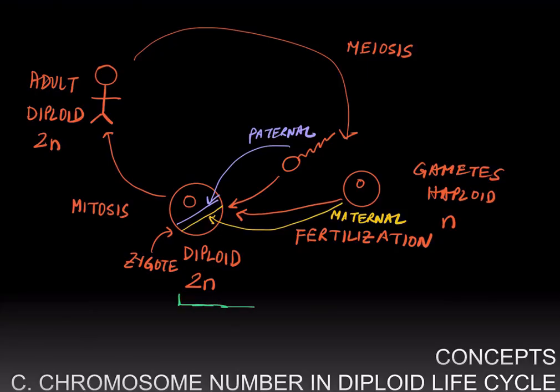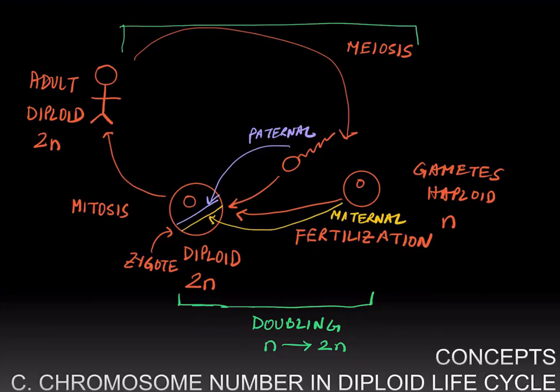During fertilization, by definition, since fertilization involves the fusing of the sperm and the egg, there is a doubling of chromosome number from n to 2n, and consequently there is a need for a halving of chromosome number from 2n to n.